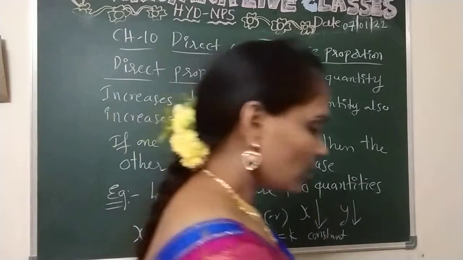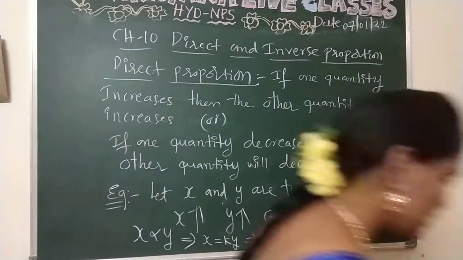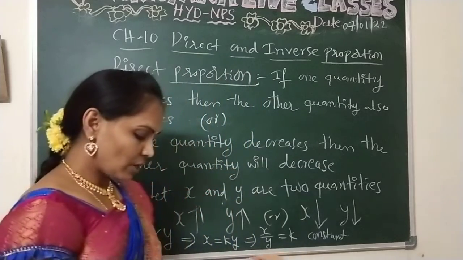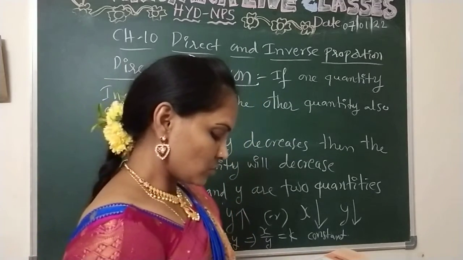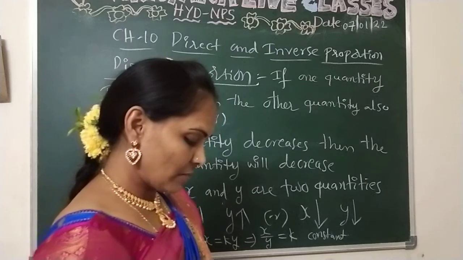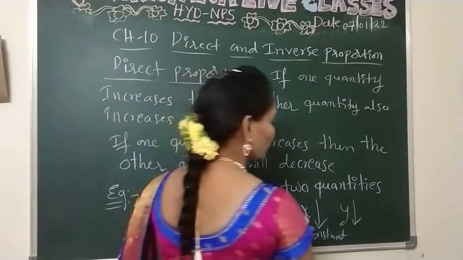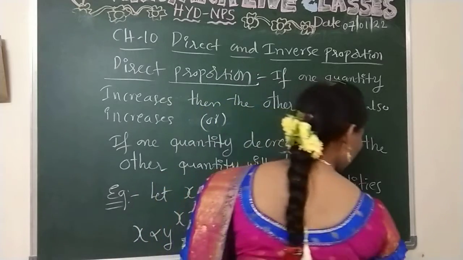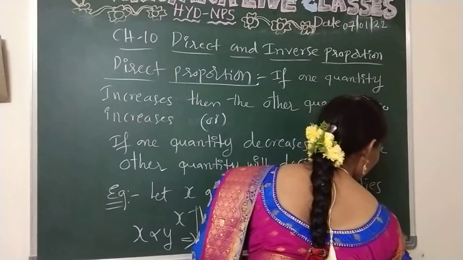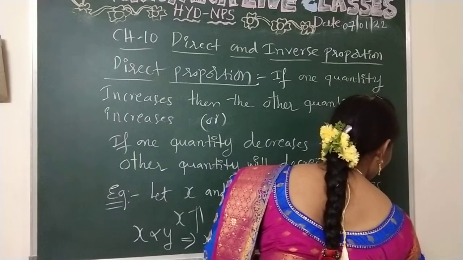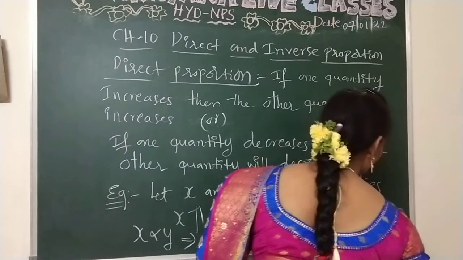In the textbook itself it is given: if x1, y1 and x2, y2 are the values, then the formula for direct proportion is x1 by y1 is equal to x2 by y2. This is the formula for direct proportion.